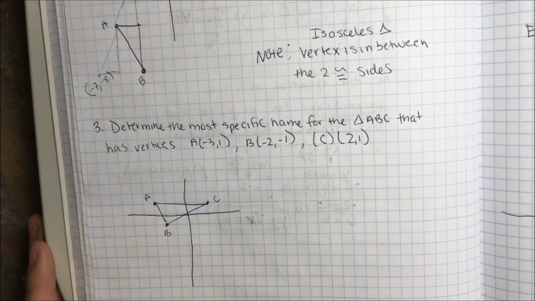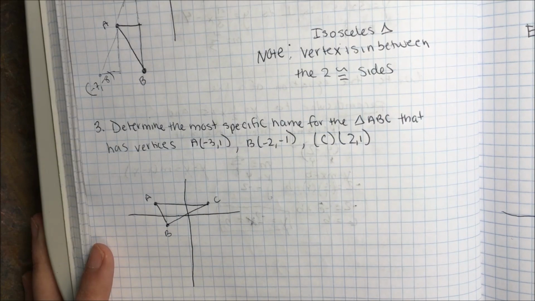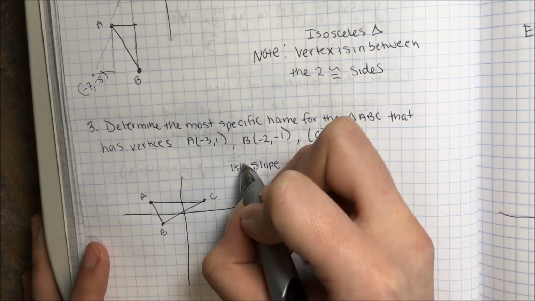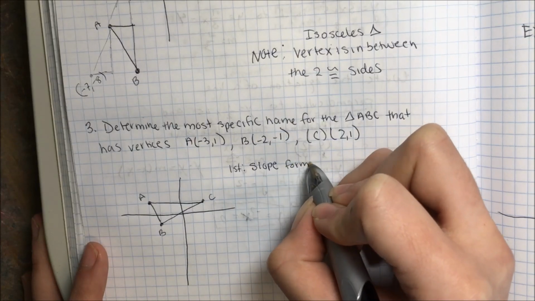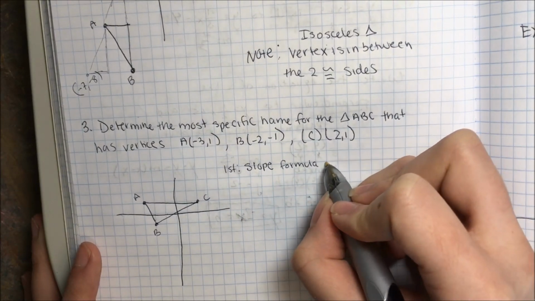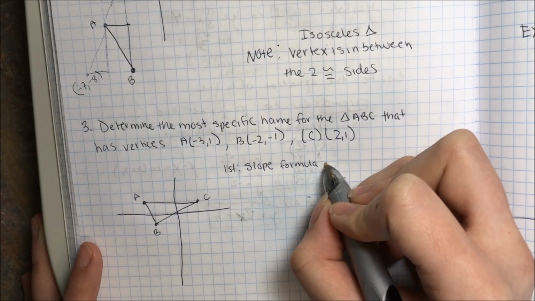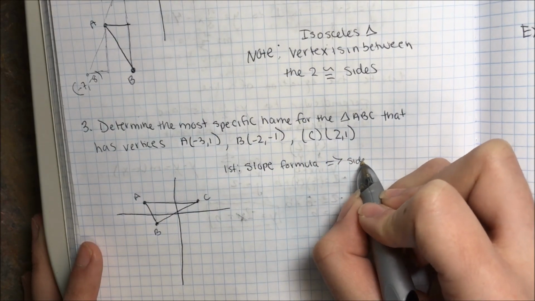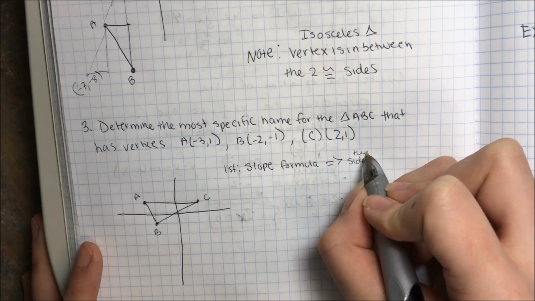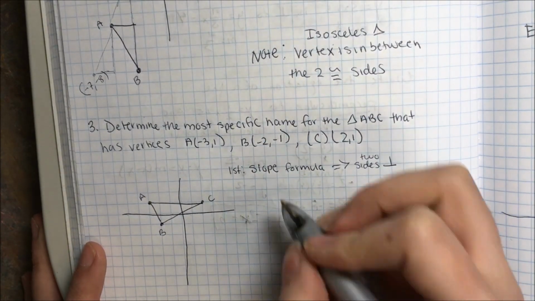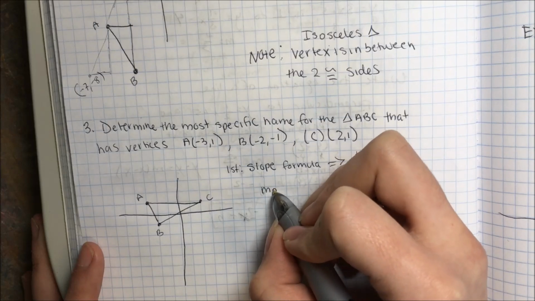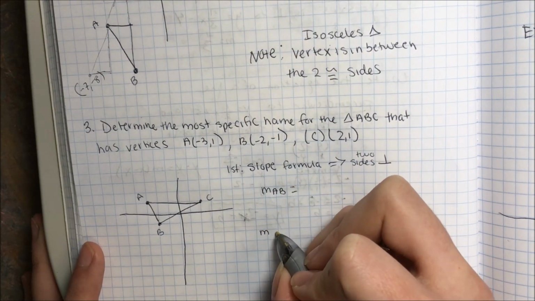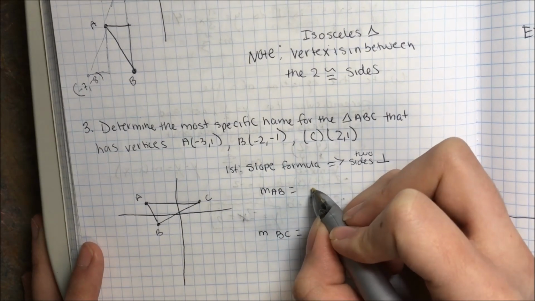So we want to know what type of triangle this is going to be. So first we can use our slope formula, to prove that two sides are going to be perpendicular. So we can do that by finding our slope of AB and then our slope of BC.